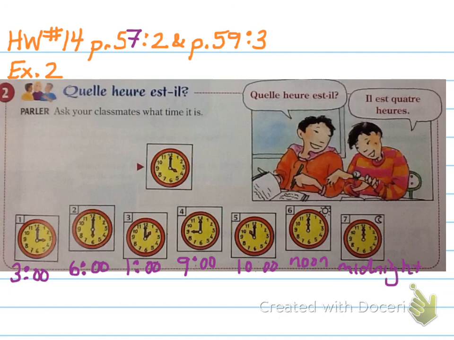So I want you to write out both the question and the answer. By the time you write out quelle heure est-il 7 times, hopefully you're able to spell it correctly. Remember, all your answers are going to start with il est. So for example, number 1, you'll write on your paper, quelle heure est-il.